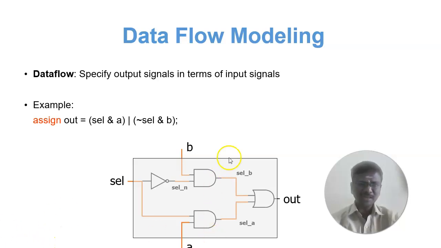For example, here this circuit is represented using this. If you are using data flow modeling, the assign statement should come. Using the assign keyword, you can represent this. For example, this circuit is given with this equation.